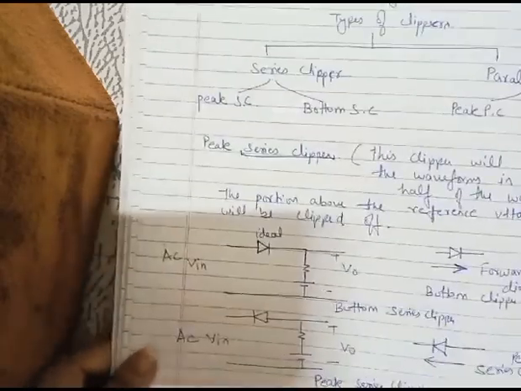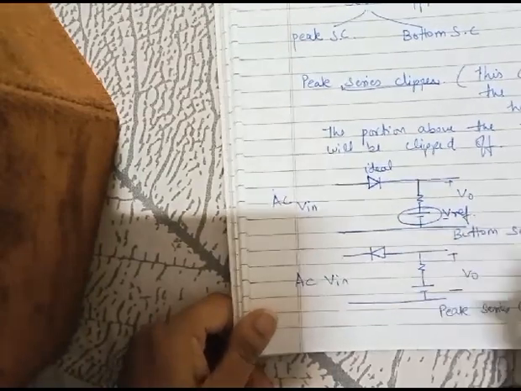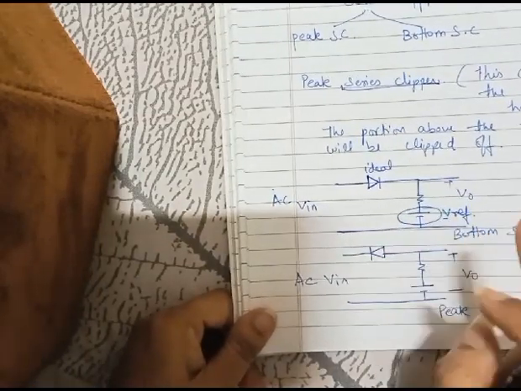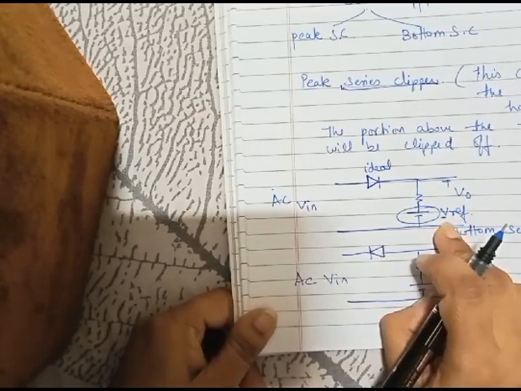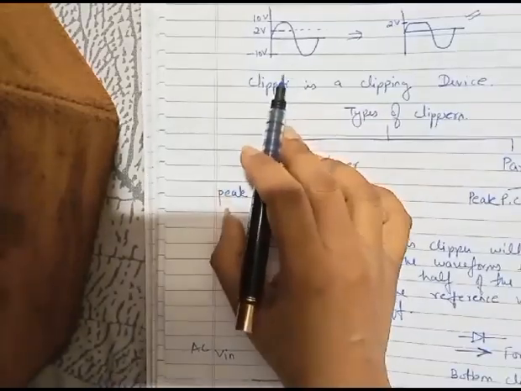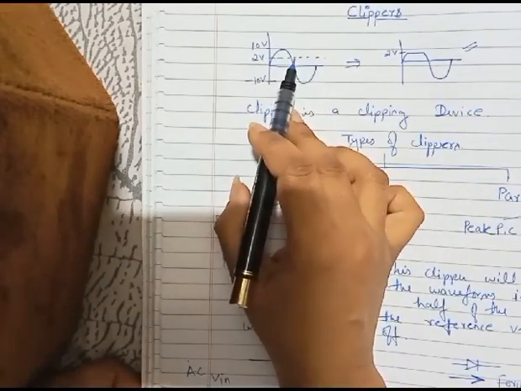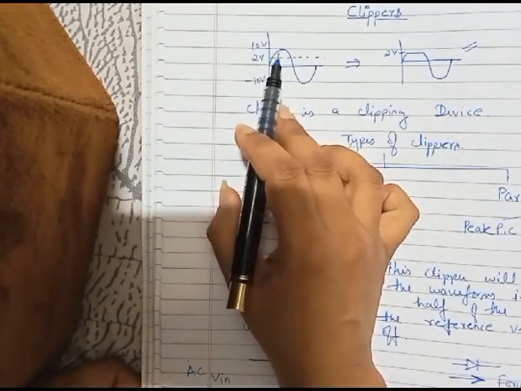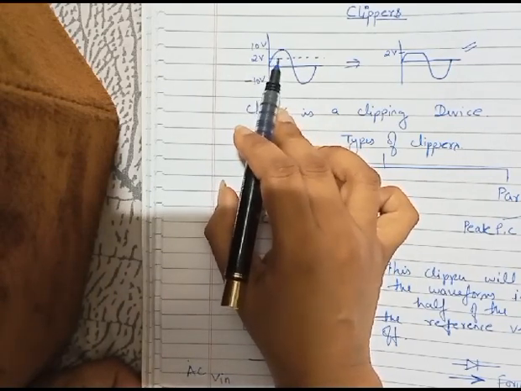Fine. Now what is this voltage? This is V reference. The V reference is the point which tells you from where the clipping has to be done. For example, in this example, the reference point is 2 volt. The circuit is going to decide that with 2 volt we have to start the clipping.